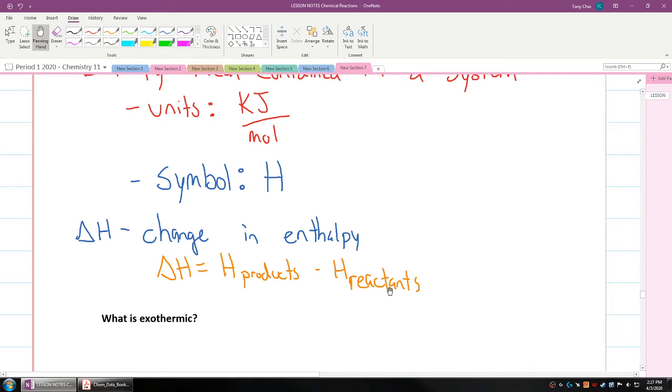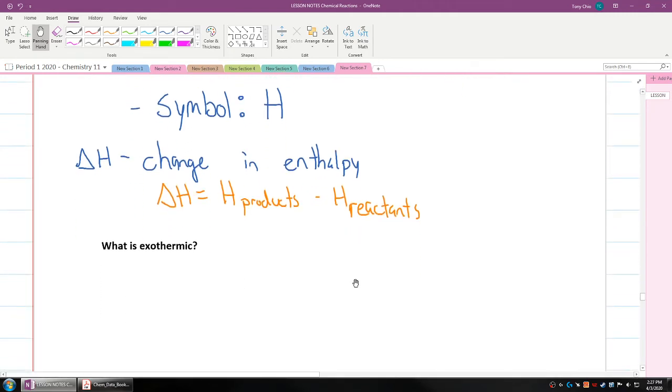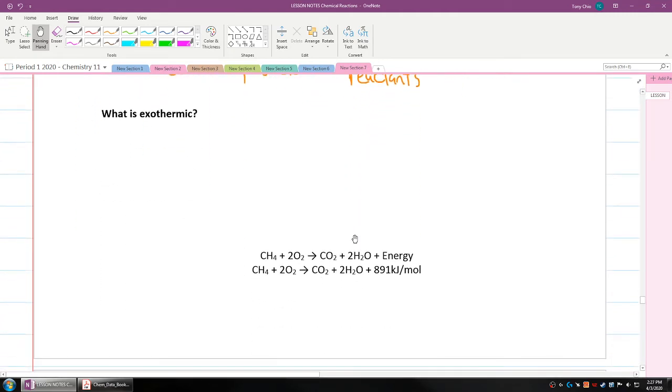So this relates us to the next two things. Why do things feel hot? Why do things feel cold? And it's due to this idea of what we call exothermic and endothermic. So, exothermic. When something is exothermic, exo means to release. So exothermic equals exit. If you think about it, the EX makes sense.